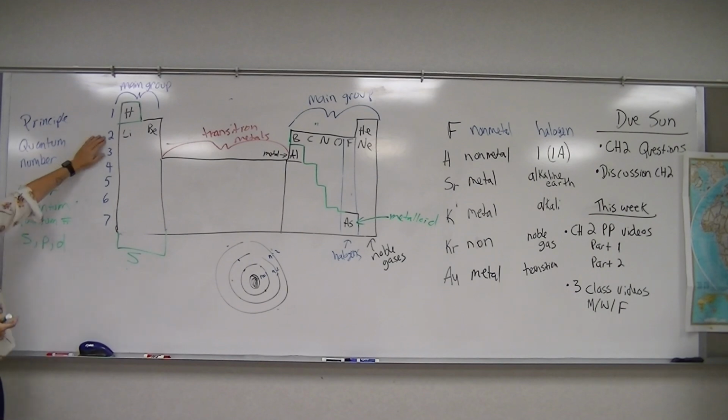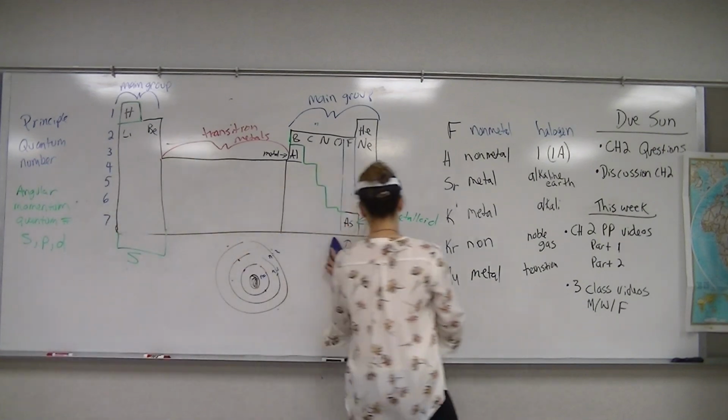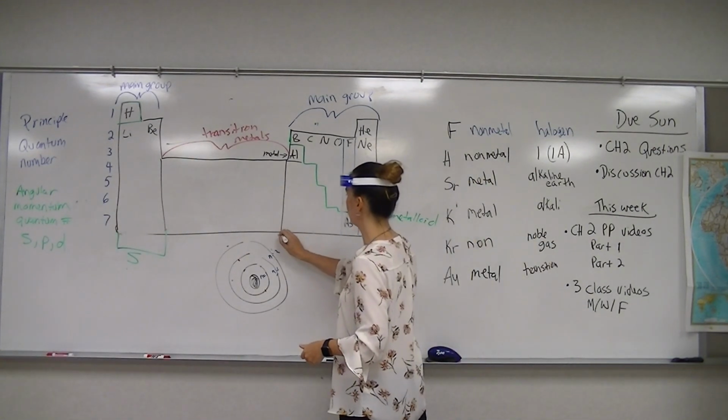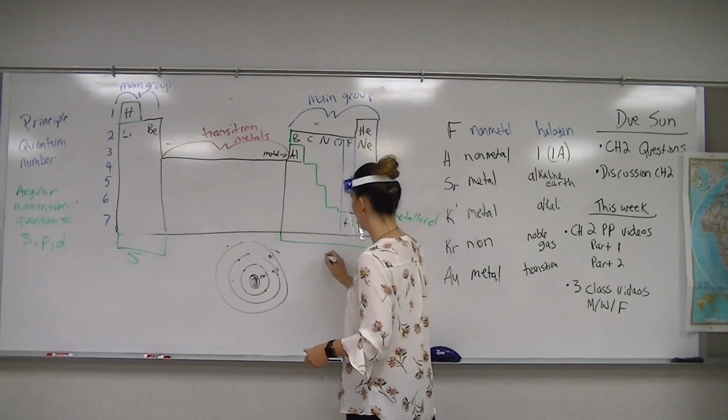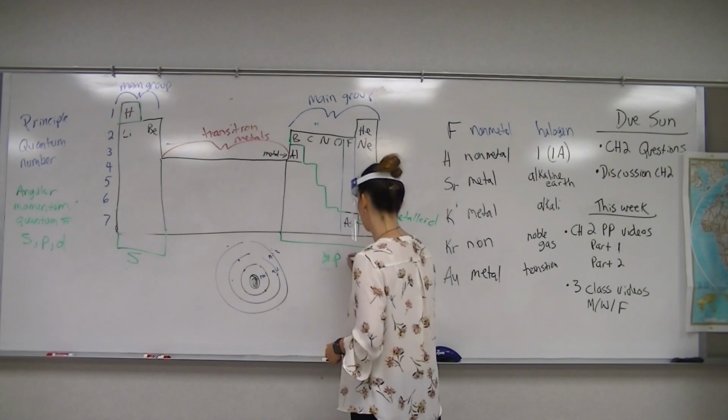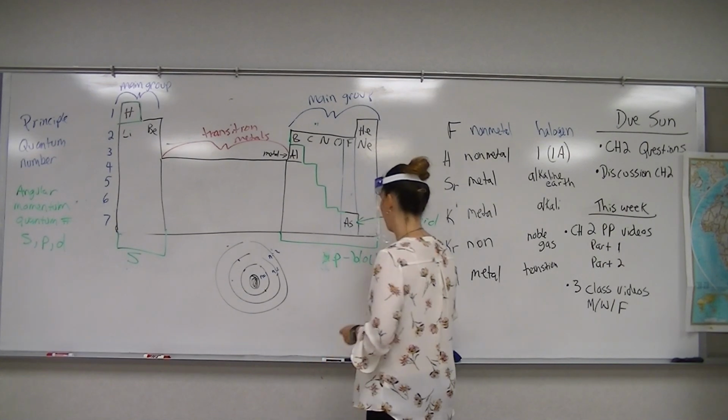What if I say 2p, because p is another one of these angular momentum quantum numbers? Well, I would know it's period 2, but then I'd need to know where the p's are. So where are the p's? They're over here. They're the rest of the main group elements. This is the P block, I would call it.